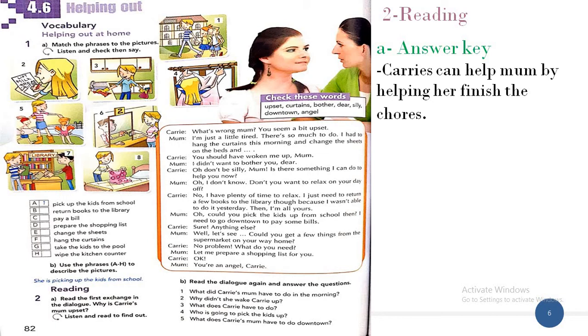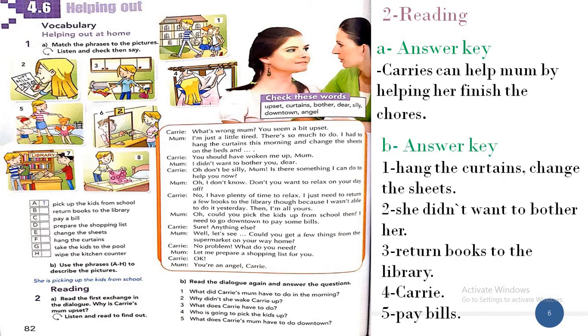Good, excellent, my dear students. So these are the answers. What did Carrie's mom have to do in the morning? 1, hang the curtains, change the sheets. 2, why didn't she wake Carrie up? She didn't want to bother her. 3, what does Carrie have to do?